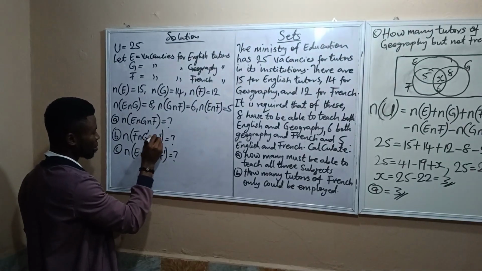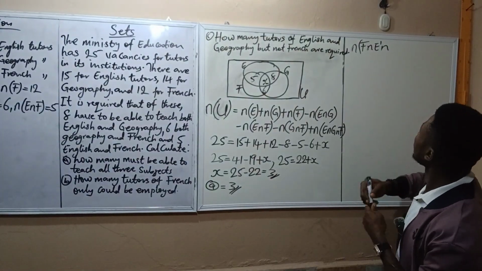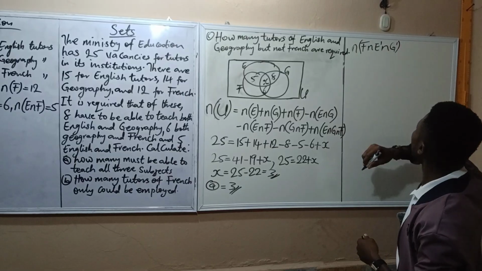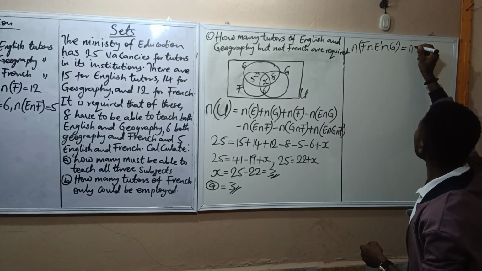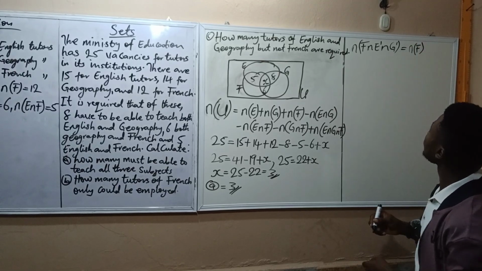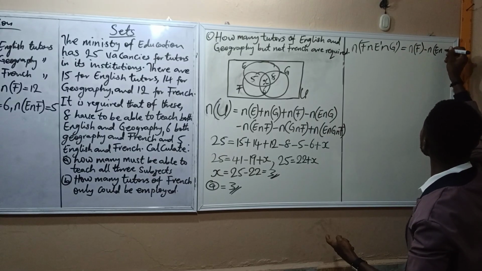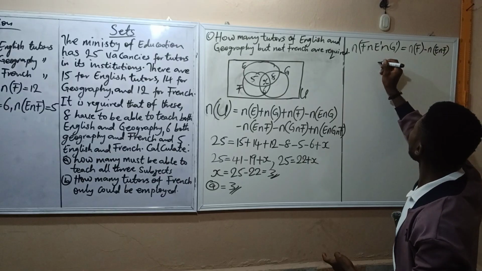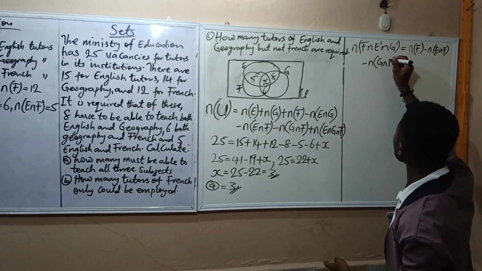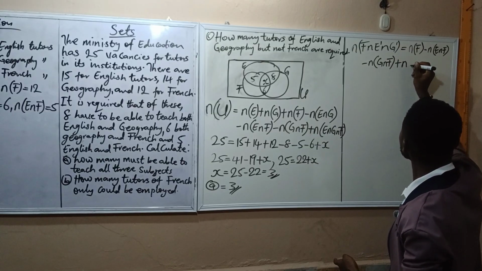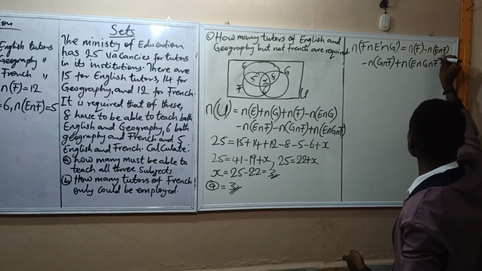So number of F intersection E prime intersection G prime is equal to number of F, minus number of E intersection F, then minus number of G intersection F, then plus number of E intersection G intersection F.